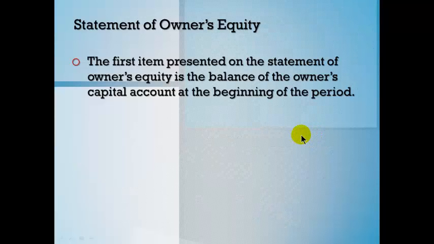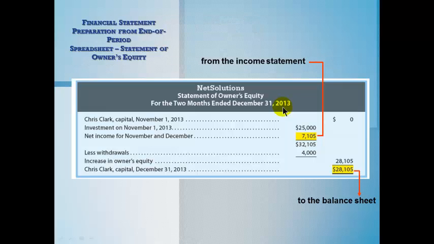And the first item, obviously, you begin at the beginning, and that would be the beginning balance in owner's equity. And continuing the illustration, that's that $7,105 of net income that we showed a couple of slides back. And the beginning balance here, since we're only doing 2 months, remember, so they're starting with November 1st, adding the net income for that 2 months, and this owner drew out $4,000 from the business.